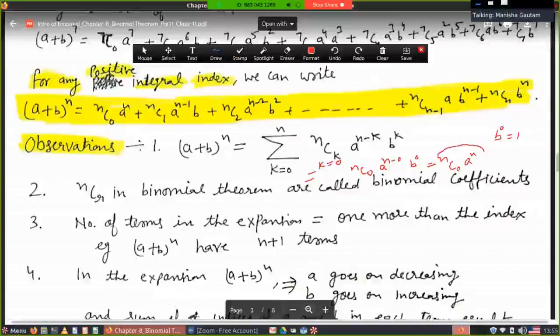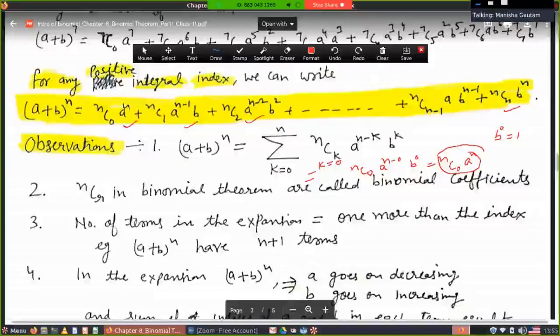So you are getting the same first term. As you put k equal to 1, you will get the second term, the third term, and when you put k equal to n, you are getting the last term. This is the way to write it down.